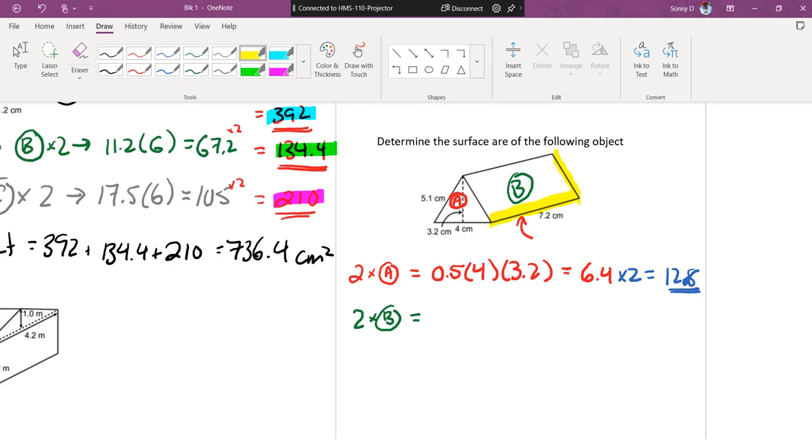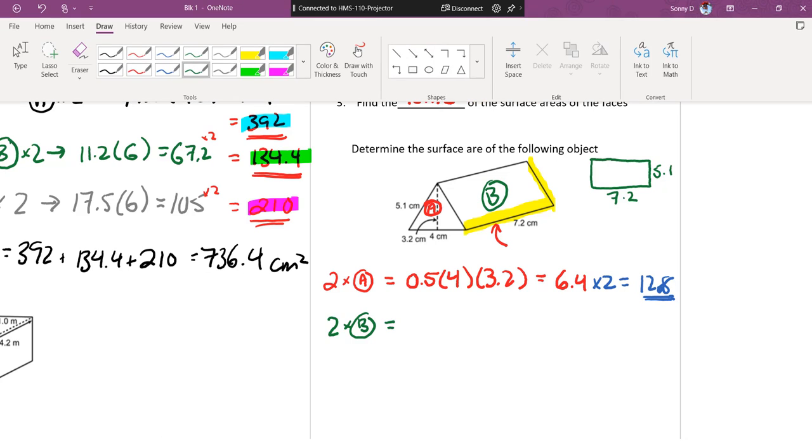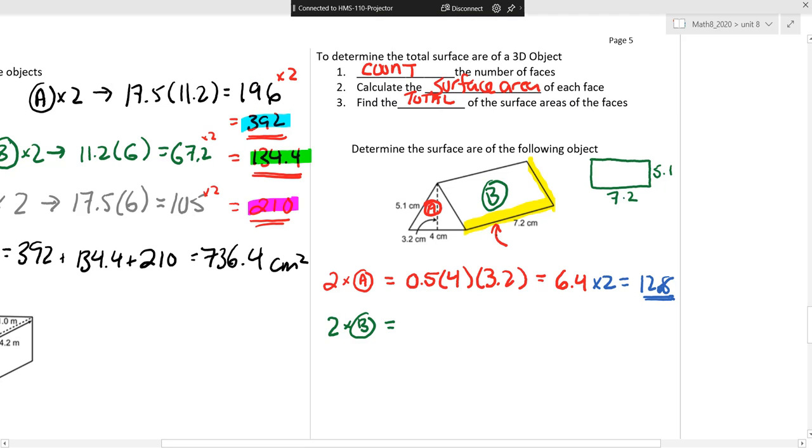Right? So if I just took this and I drew it off to the side here, this is 5.1 and that's 7.2. Right? The one off the bottom here, if we drew this one, how would that look?